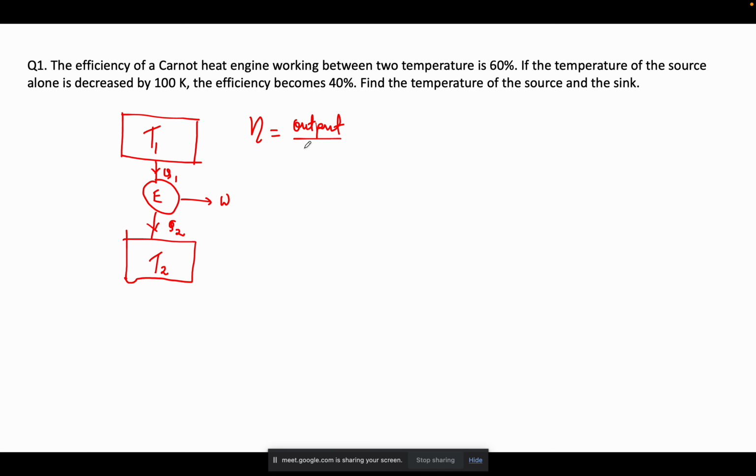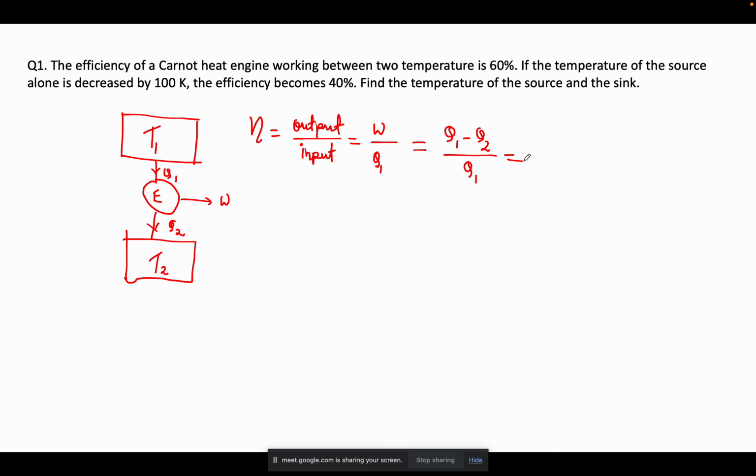Okay, so we know that efficiency is equal to output by input. Okay, and here the output is basically your work done and the input energy is your Q1. Now from energy conservation we can show that W is nothing but Q1 minus Q2, divided by Q1.